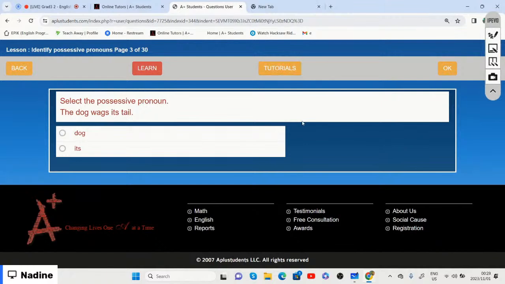Its. Do we say his or her specifically for, let's say, things or animals? So to select the possessive pronoun, we say its. And its tail refers to the dog.